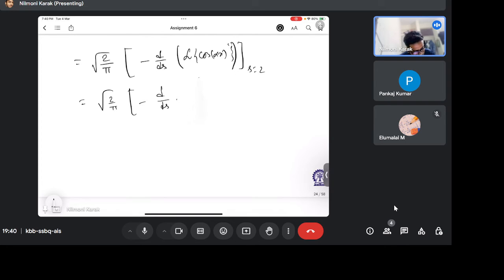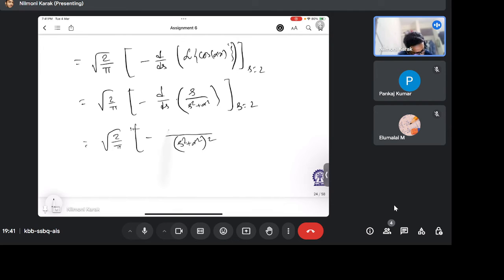Laplace transform of cos alpha x is s divided by s square plus alpha square. Set s equals 2 root 2 pi. Yeah, you have to differentiate this. The derivative gives minus s square plus alpha square whole square, and s square plus alpha square, and minus 2s square is equal to 2 root 2 pi.